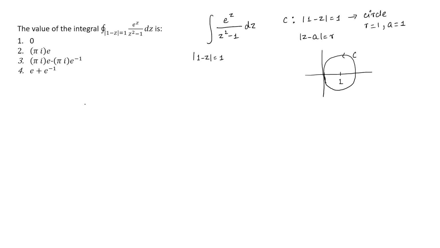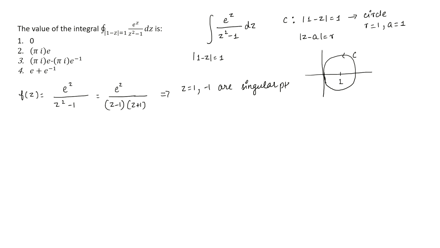Now f(z) is e^z / (z² − 1), that is e^z / ((z − 1)(z + 1)). From this we can say that z = 1 and z = −1 are singular points for this function.